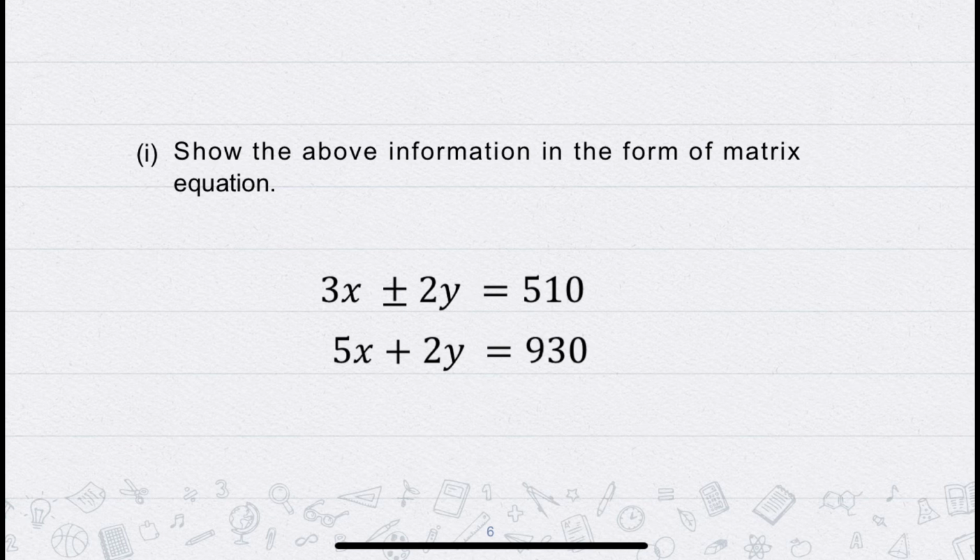Insert the answer on the other side of the equal sign in another matrix. This is sometimes called the answer matrix. The setup appears as follows. So I write 3x plus 2y equal 510 and 5x plus 4y equal to 930 like in the slide.